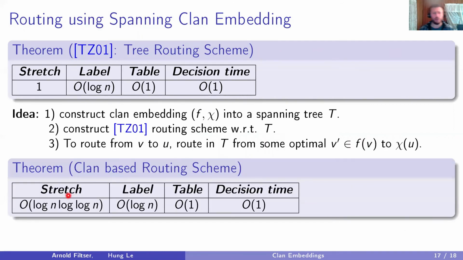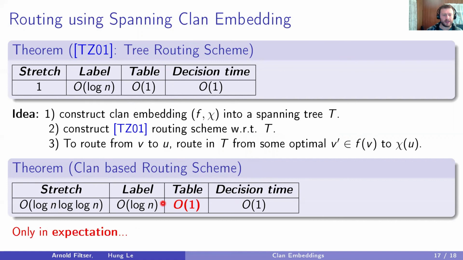Now the stretch will be somewhat large, log n log n, because this is the stretch of the clan embedding. However, the label will be very short. The only label you need is the label of the chief of u, so the label of each vertex will be simply the label of its chief in the Thorup-Zwick routing scheme. The table will be just constant because it's constant here, and decision time will be constant.